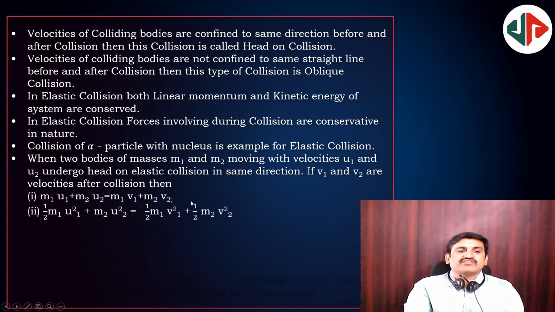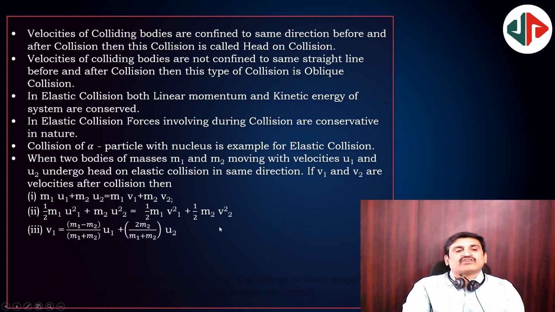Law of conservation of linear momentum is m1u1 plus m2u2, total momentum before collision, equals m1v1 plus m2v2, total momentum after collision. And energy is conserved only in case of elastic collision, that is kinetic energy before equals kinetic energy after.